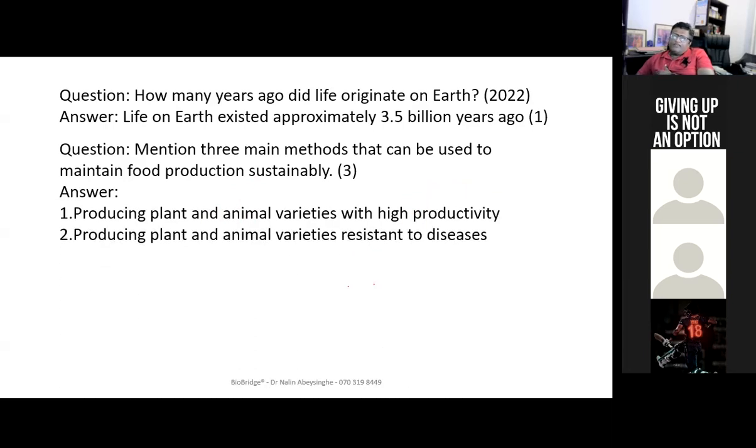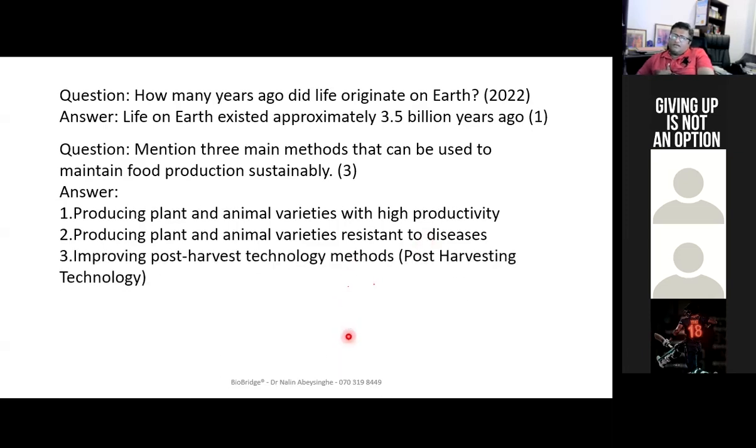You have to give that meaning, and it's better to use the exact terminology. Then producing plant and animal varieties resistant to disease. And number 3 is improving post-harvest technology methods. That is all. You will get 3 marks.